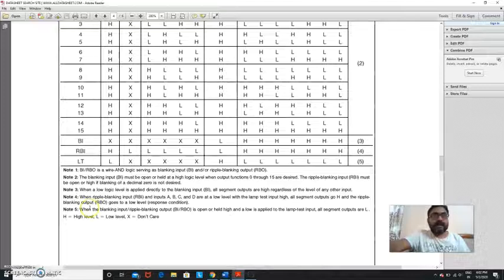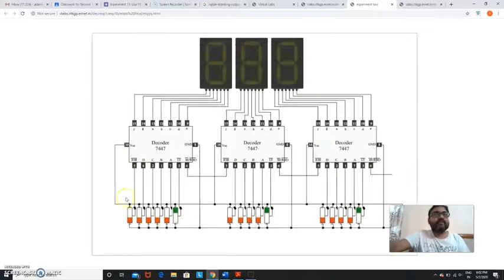And RBO goes low level, the ripple blanking output goes low level. Now here you can see this RBO is going low. When this is low, all the segment outputs A, B, C, D, E, F are high. So therefore you are not going to see any display over here.